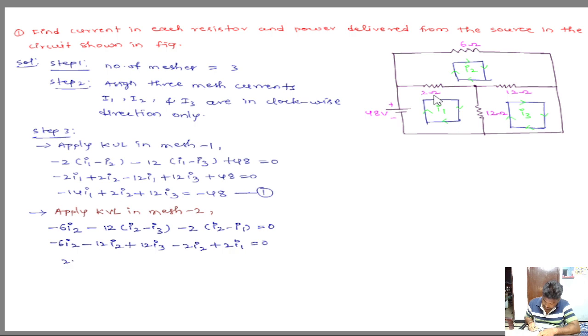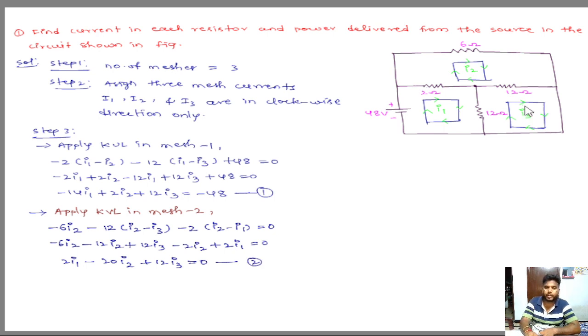Then it is 2 I1 minus 20 I2 plus 12 I3 is equal to 0. This is equation number 2.